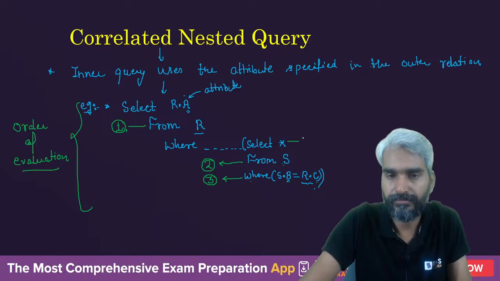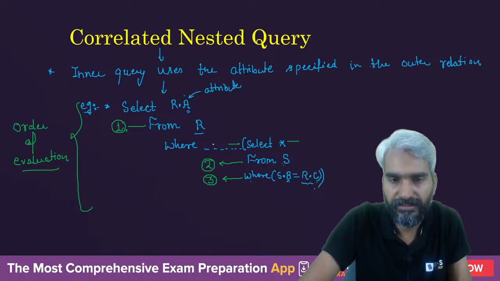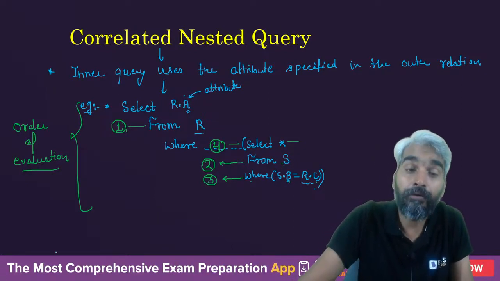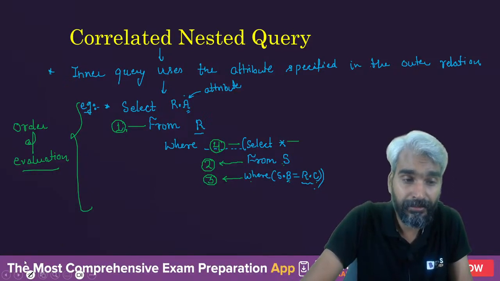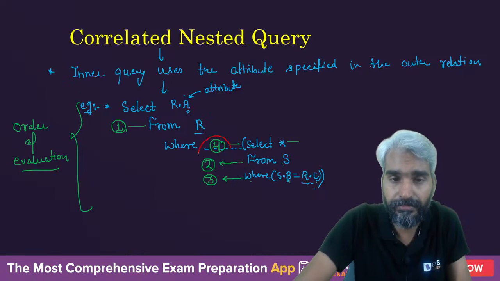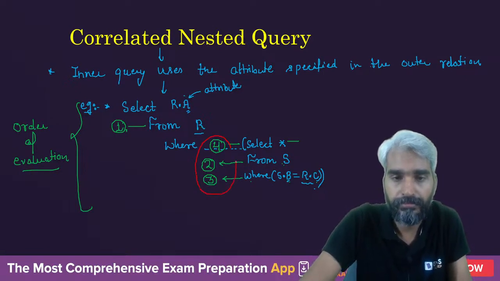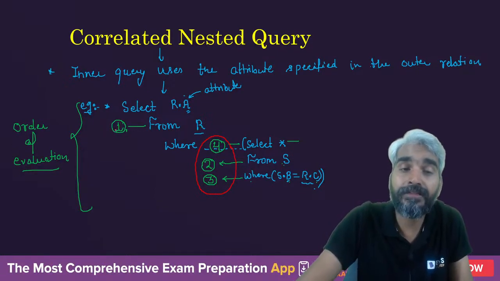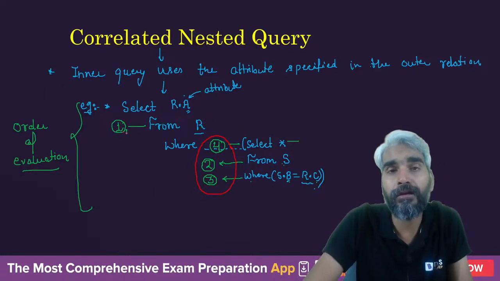So steps 2, 3 and 4, after where you will select, now what will happen? These three steps will be performed for the complete relation S with respect to the first tuple of relation R.